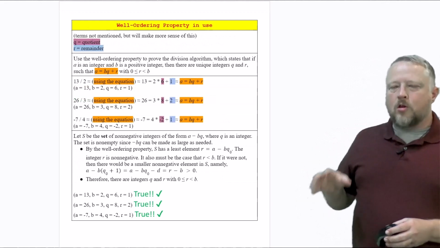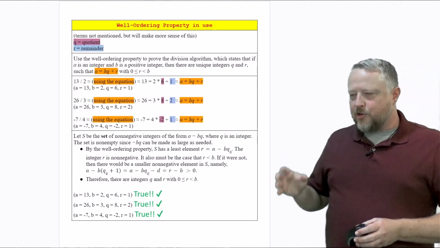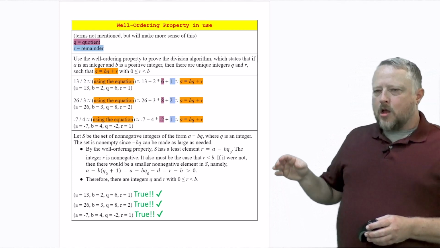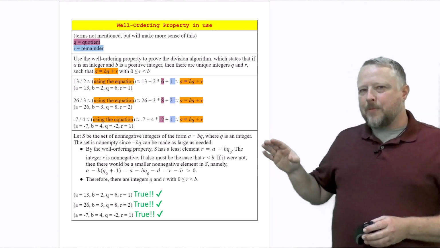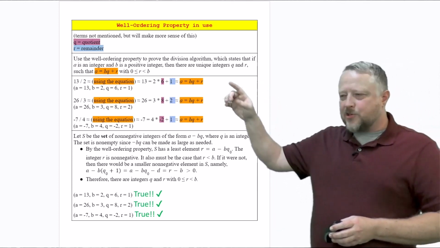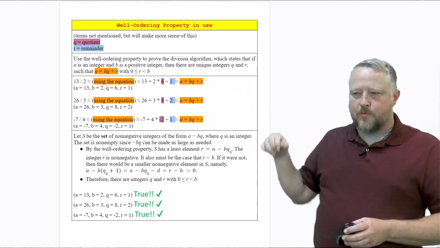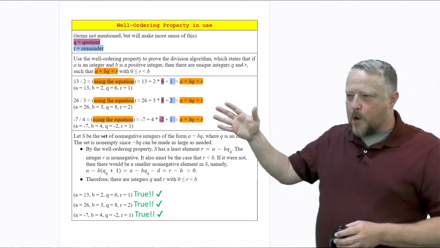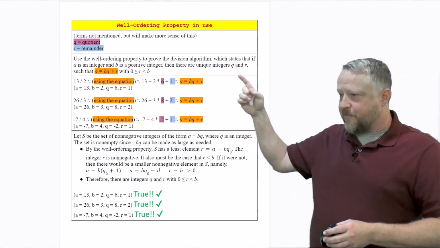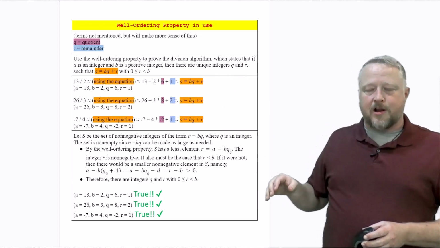Here's a well-ordered property in use. In the book, it doesn't actually explain a couple of things in its overall set, so I put Q as quotient, R as remainder. That's going to help us understand some of the lettering that we're using here.